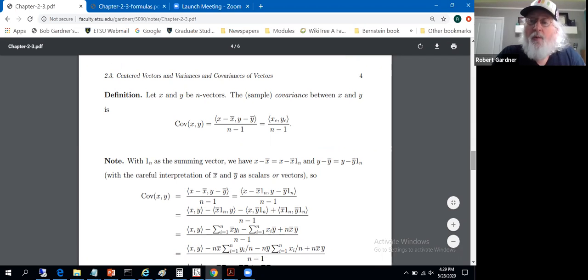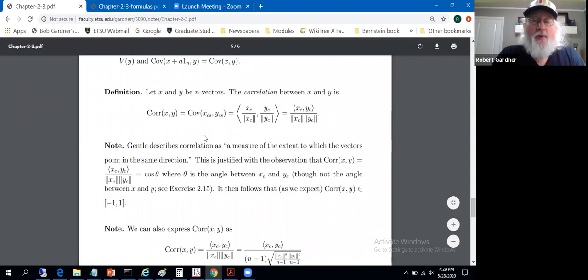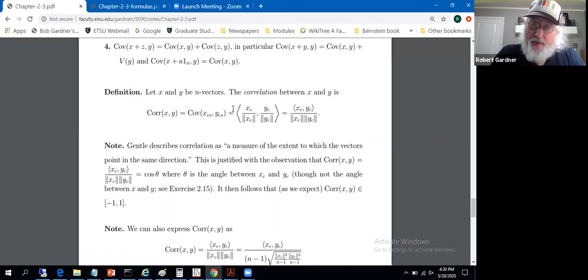Well, we picked up a square root of n minus 1. If you look at how these are computed from the formula sheet, we've picked up a square root of n minus 1 from the first component and the second component. Bring them both out, linearity of inner product, and that produces an n minus 1 in the numerator to cancel with the n minus 1 in the denominator, and it ultimately becomes this after simplifying.